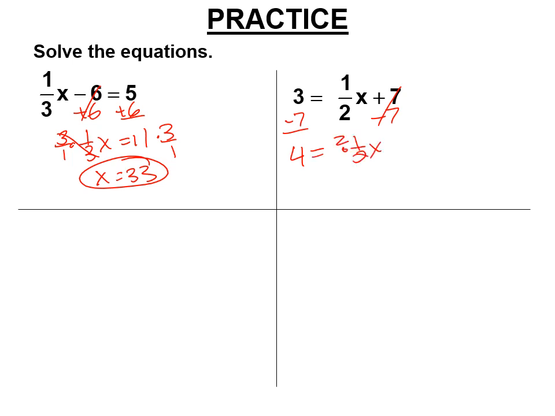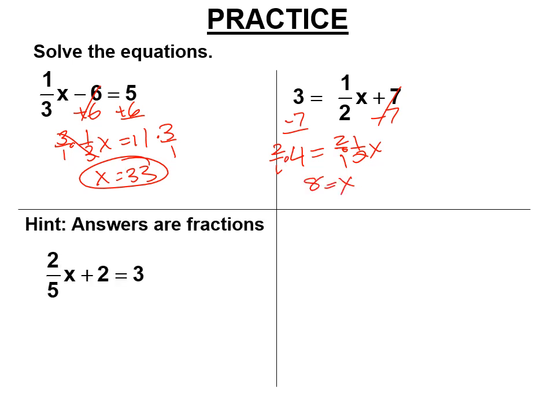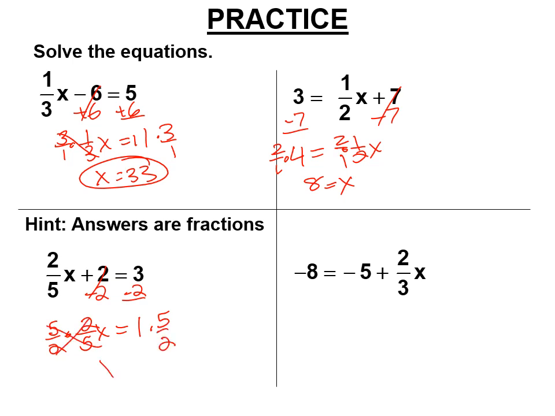Multiply both sides by negative 2, and 8 equals x. For this one, you're going to subtract 2 from both sides. 2/5 x equals 1. Multiply both sides by 5/2. Those cancel. x equals 1 times 5/2, 5/2.